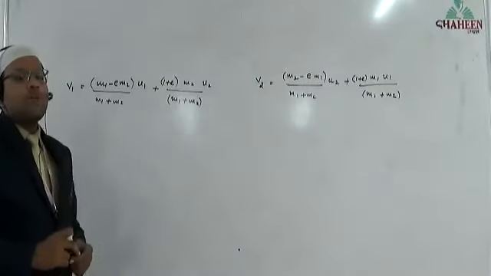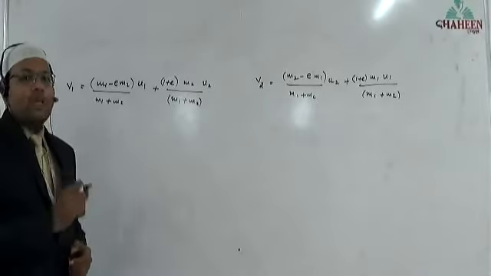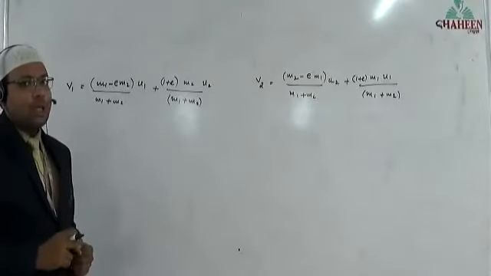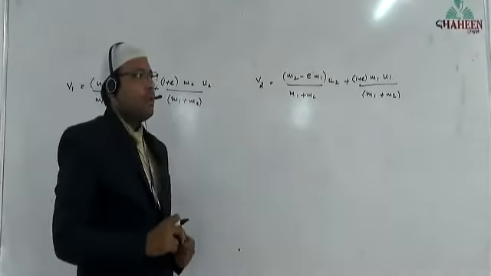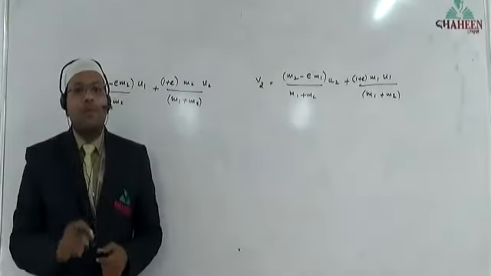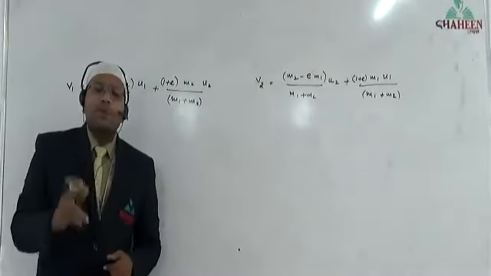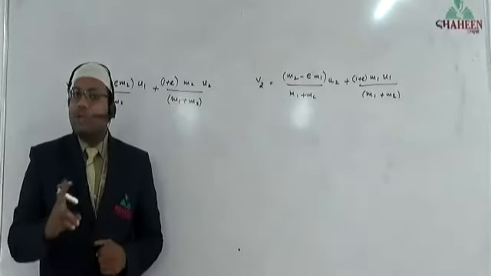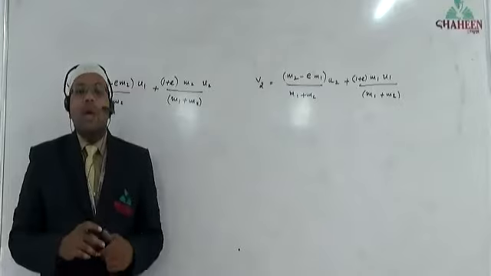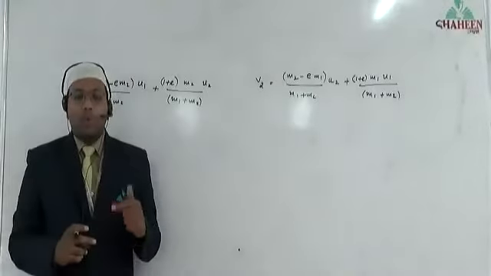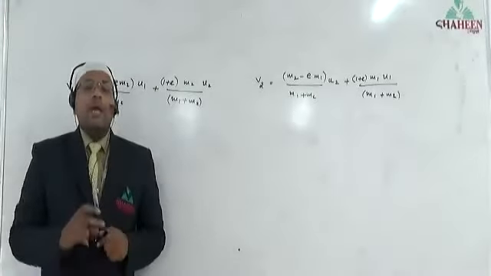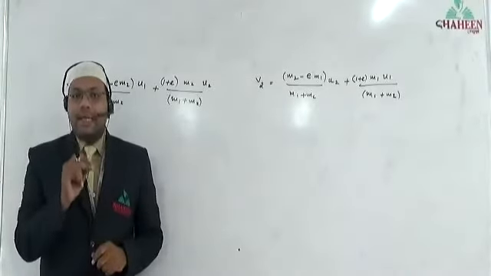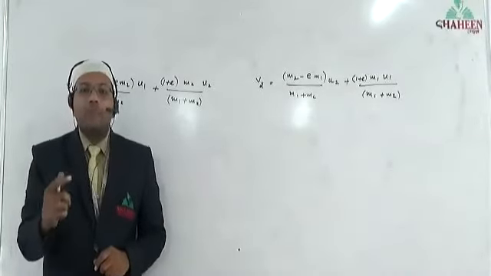Now we have to see that an object of mass m is colliding with another, identical object. So m1 is equal to m2, both masses are the same, and each mass is equal to m. And the second condition is that the second object is at rest.